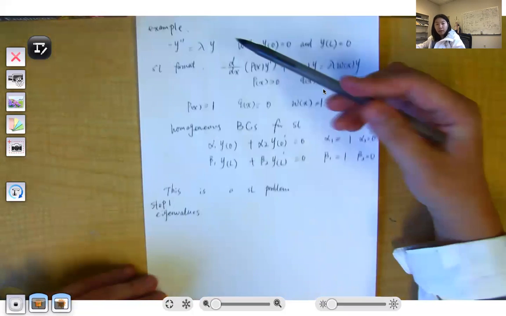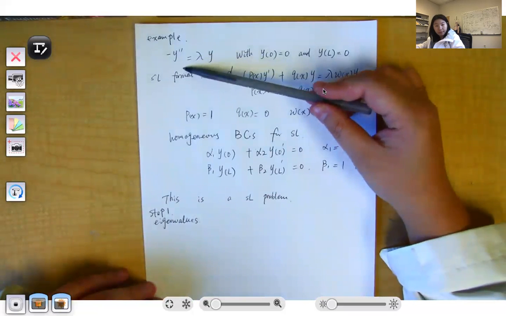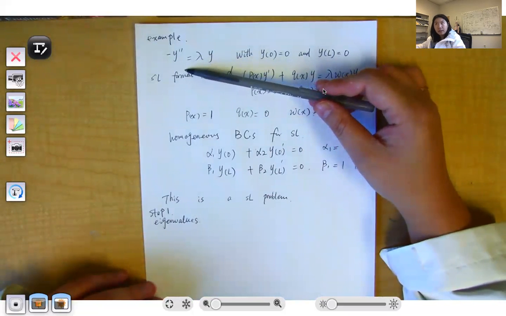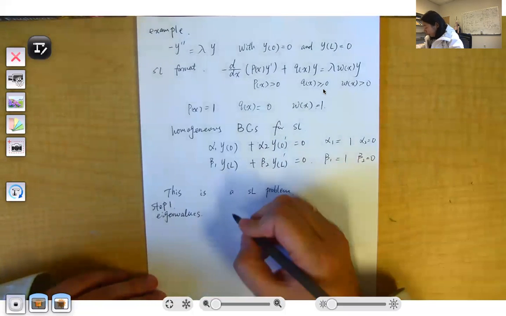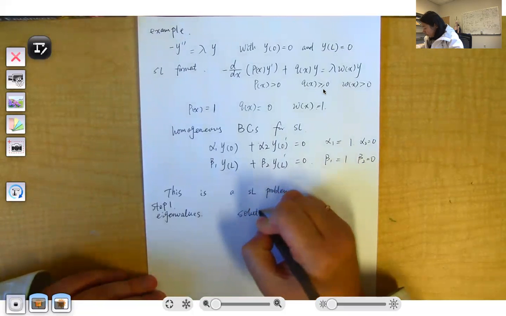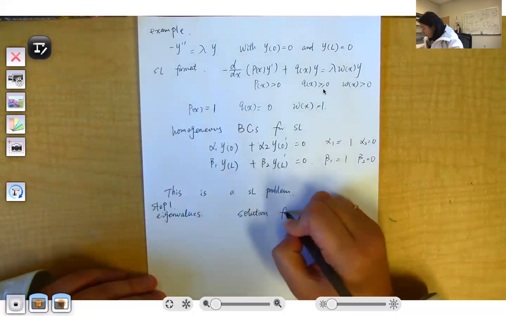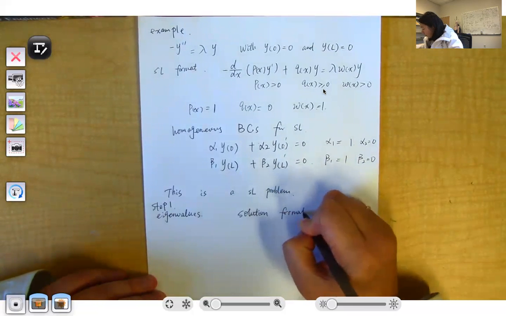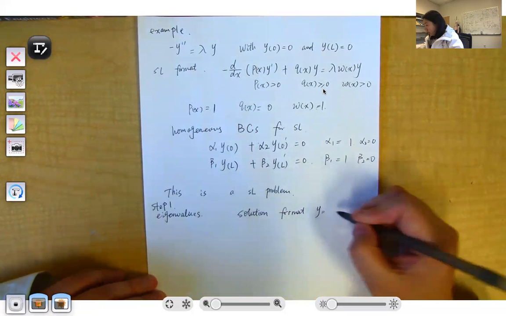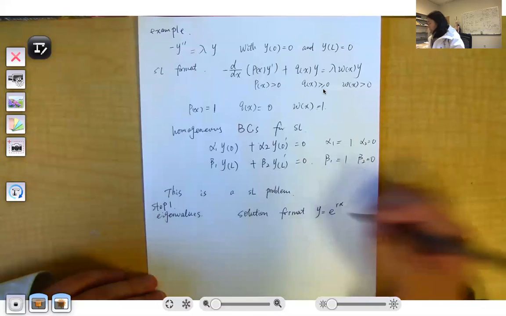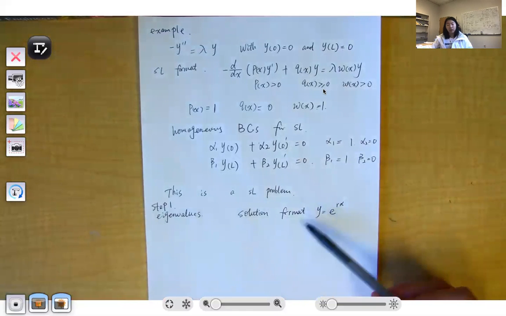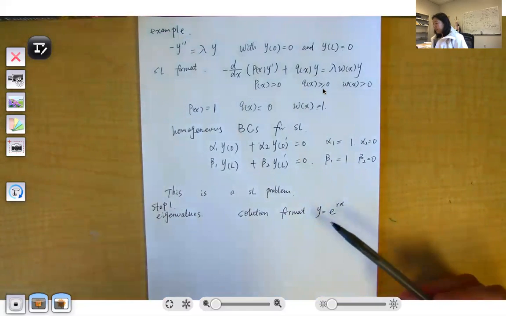This is a second order ODE with a constant coefficient, so the solution format will be an exponential solution format. Then the solution should look like an exponential function, so e to the rx. That is our guess solution format, e to the rx.